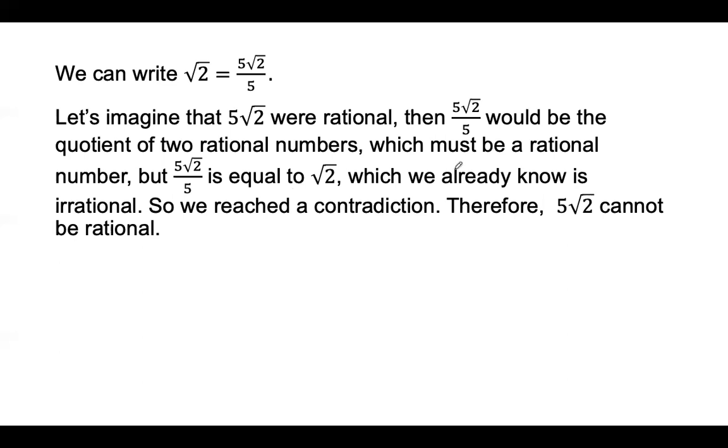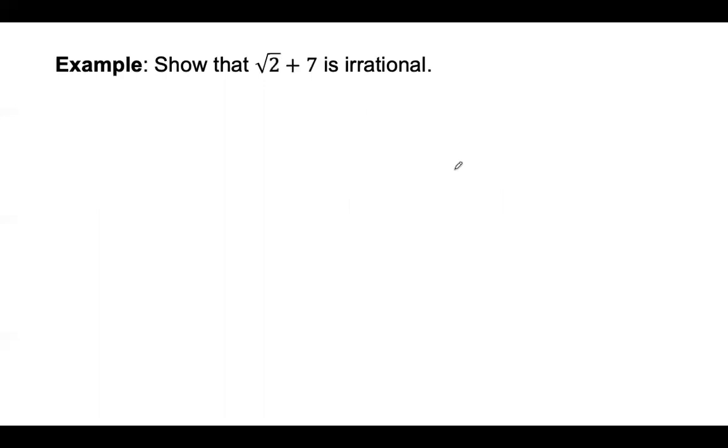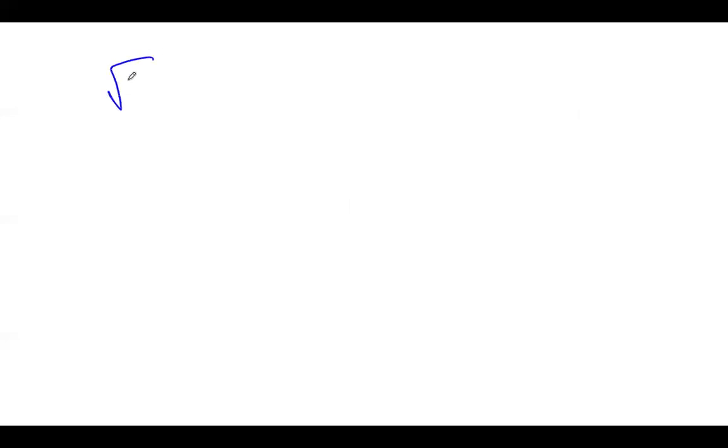I'm going to try to write it out a little bit better here. So the square root of 2 can be written this way, and we agree that the left-hand side is the right-hand side. And this is known to be irrational.